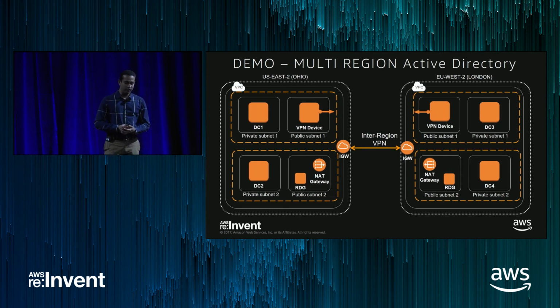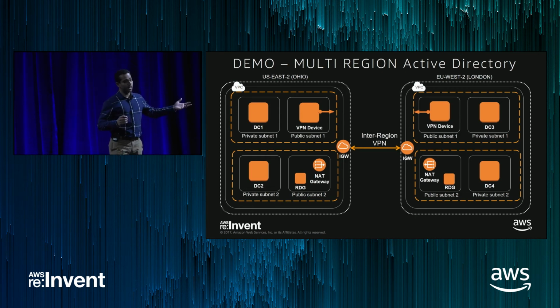We also have NAT gateway and RDG, or remote desktop gateway. So what the NAT gateway is doing for us here is it's giving the DCs that are in the private subnet access to things like Windows updates, where you don't expose those DCs to the internet. You have a one-way connection from DC to the internet or Microsoft Windows servers to get an update.